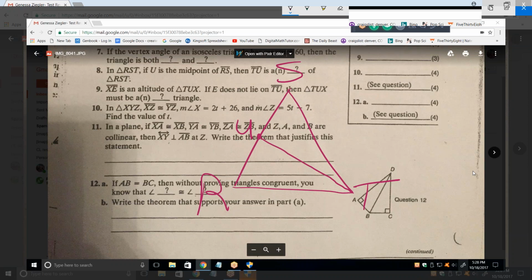Let's talk about this. If I have a triangle, and I start with any vertex, let's say I decide to bisect that angle. That's an angle bisector. Let's say I decide to go from a vertex and draw a perpendicular to the other side.